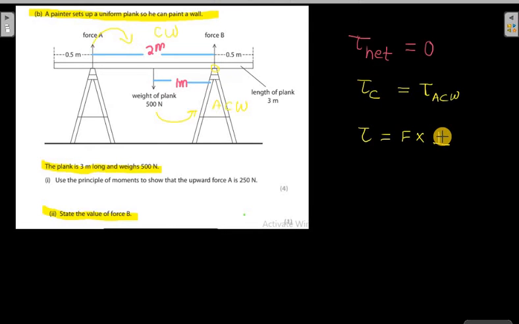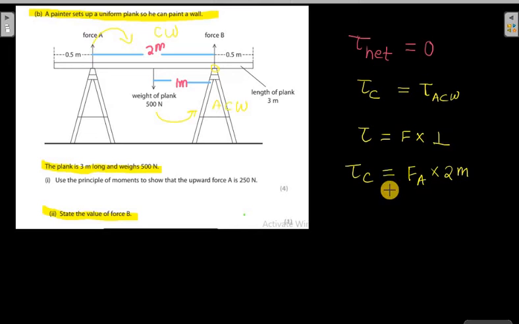We know that torque will be equal to force multiplied by perpendicular distance of the line of action of force from the point about which we will take the moment of the force. The perpendicular distance between A and B is 2 meter. Let the force acting on A is Fa, then torque clockwise will be equal to Fa multiplied by perpendicular distance, that is 2 meter.